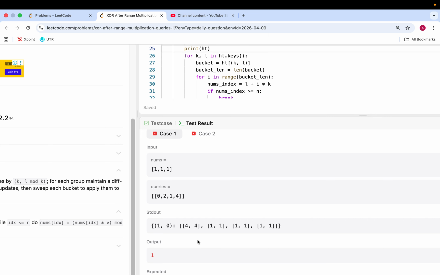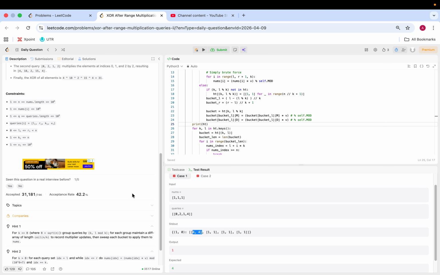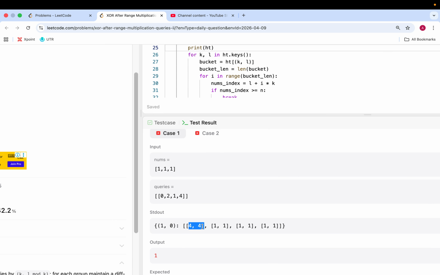Whoa, what? That doesn't seem right. The v value is 1. Oh no, it does seem right. Well, no, why am I... Oh, okay, something bad is happening. So my understanding is the m value is acting correctly, right?